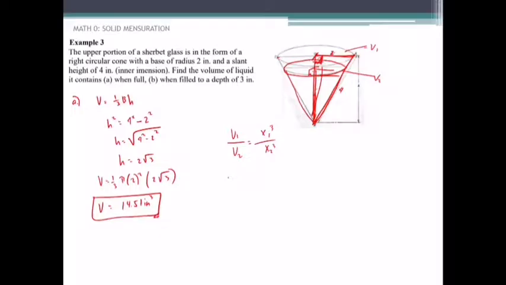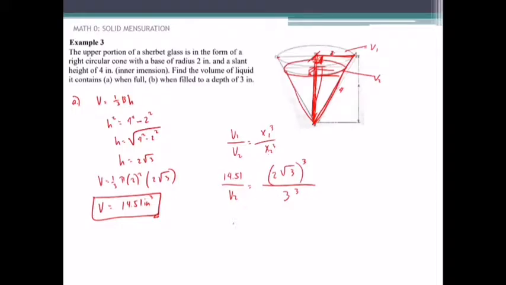So our volume 1 is 14.51. Find the volume V2. For x1, let us consider the height. The height of the bigger cone is 2 square root of 3, cubed, over the height of the smaller cone, which is 3 cubed. So we use the height of the bigger cone and the height of the smaller cone created.